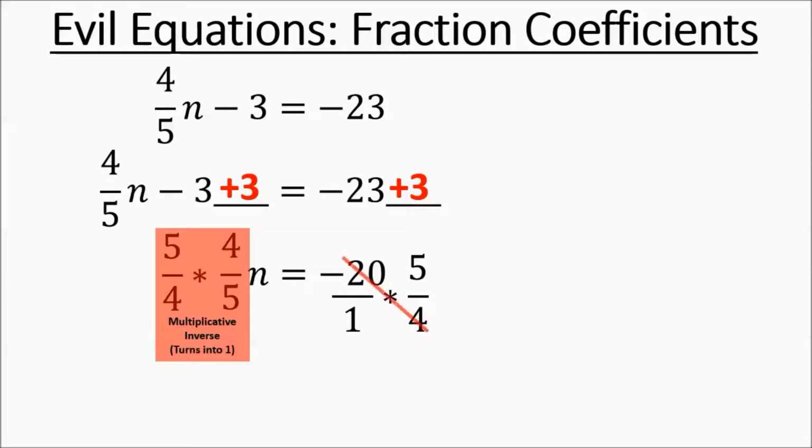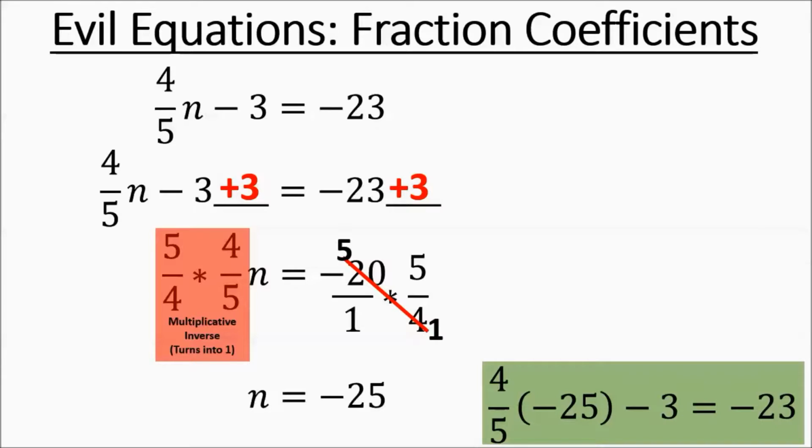You can do some canceling here. You're going to get a 1 down below, and this is going to turn into a negative 5. Now I've got the negative over here. So this turns into 1n. The denominators we don't have to worry about anymore. Negative 5 times 5 gives you negative 25. When you work that out, it will work out to negative 23.